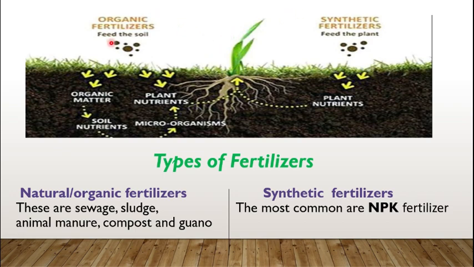What are the examples of organic or natural fertilizers? These include sewage, excreted water, wastewater, sludge, solid waste, animal manure, compost, and guano.